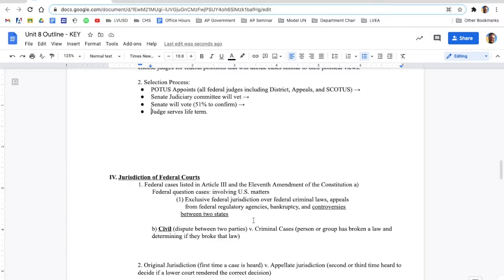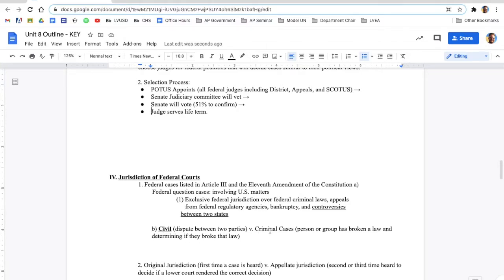This would be a civil case, a dispute between two parties, whether it's two human beings, two corporations, a corporation and the government, two governments, state government, federal government, two state governments, something like that. That's most of what the courts hear, although they will hear criminal cases. So if you break an international or maritime law issue, that'll also be heard in a federal court.